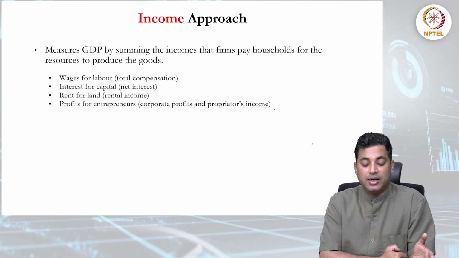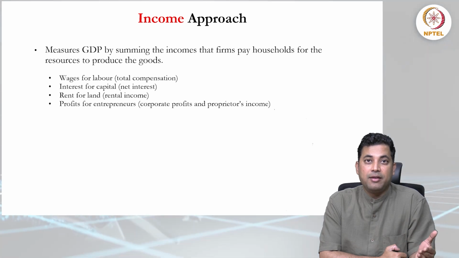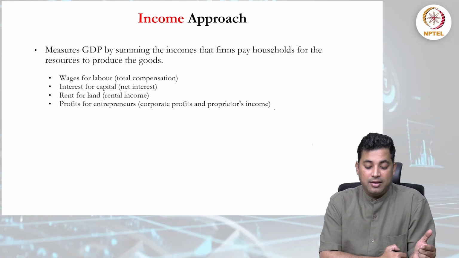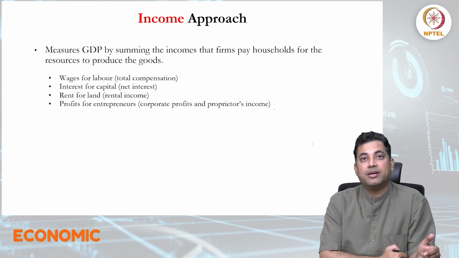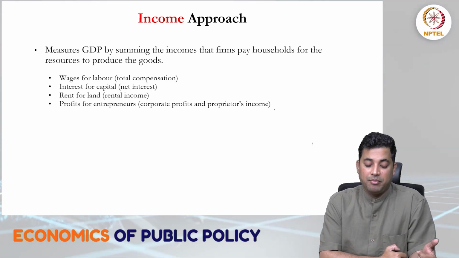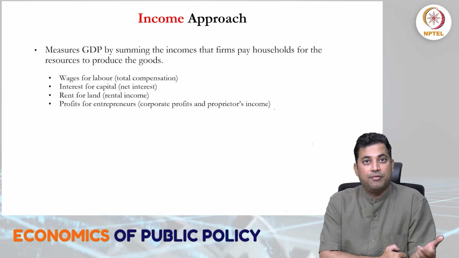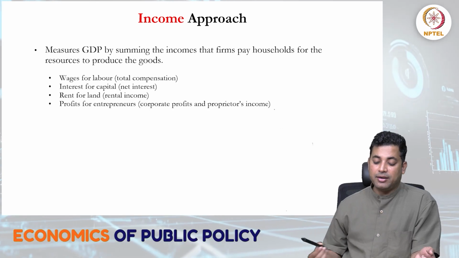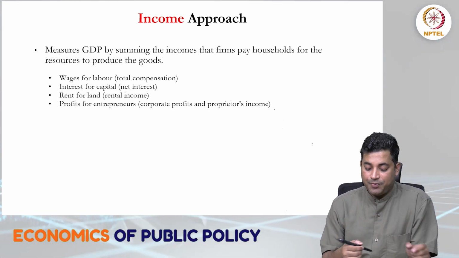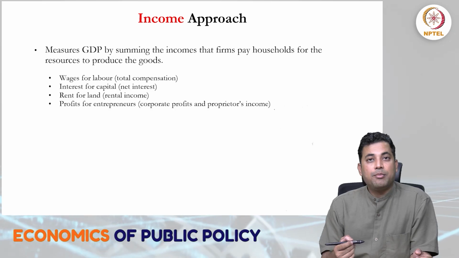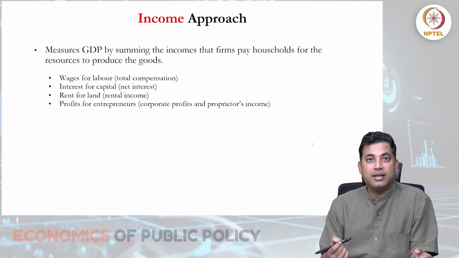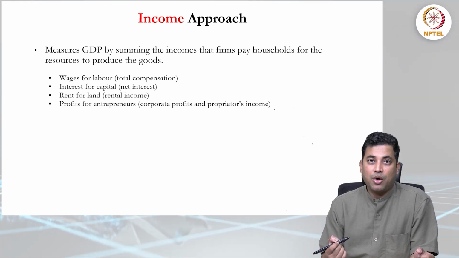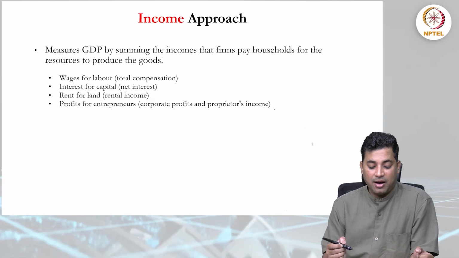As you know, households supply factors of production, and here factors of production are land, labor and capital, and in return firms pay factor payments to households. If we look at the income, wage is the income for labor. So it is basically the total compensation towards the labor that is used in order to produce goods and services by the firms.